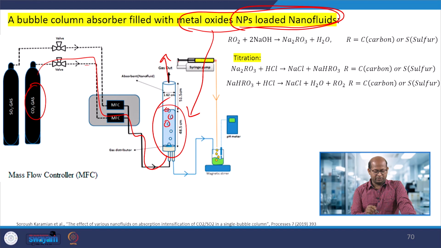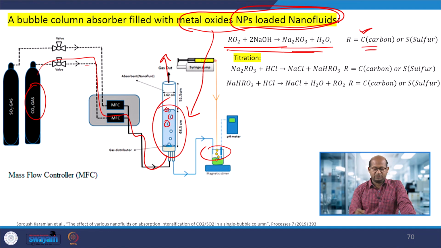So gas would be coming out, and the nanofluid we have present would absorb that CO2 gas, and then we can take that fluid and titrate it, and the quantity of CO2 absorbed we can find out.